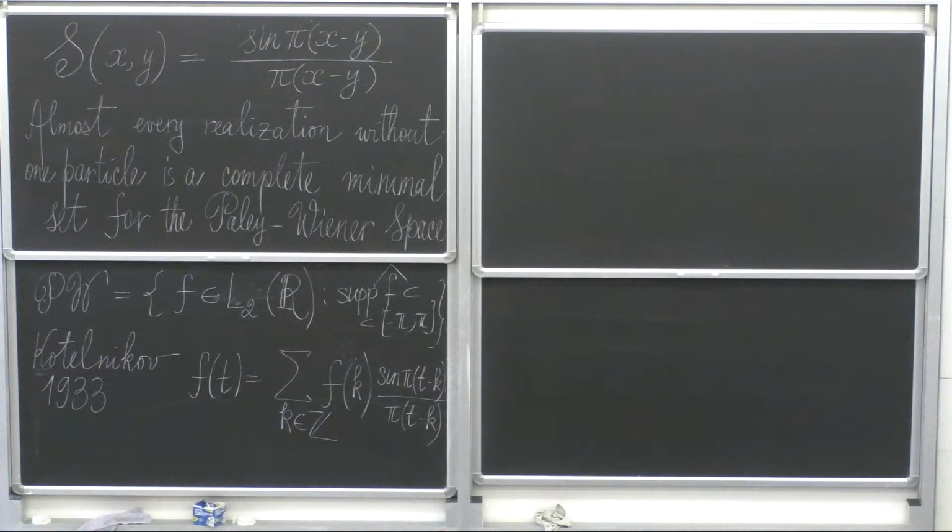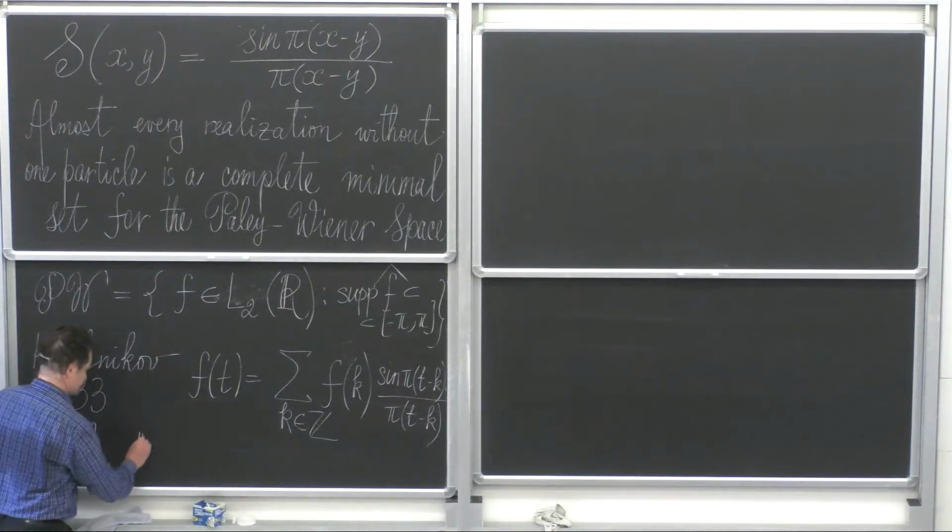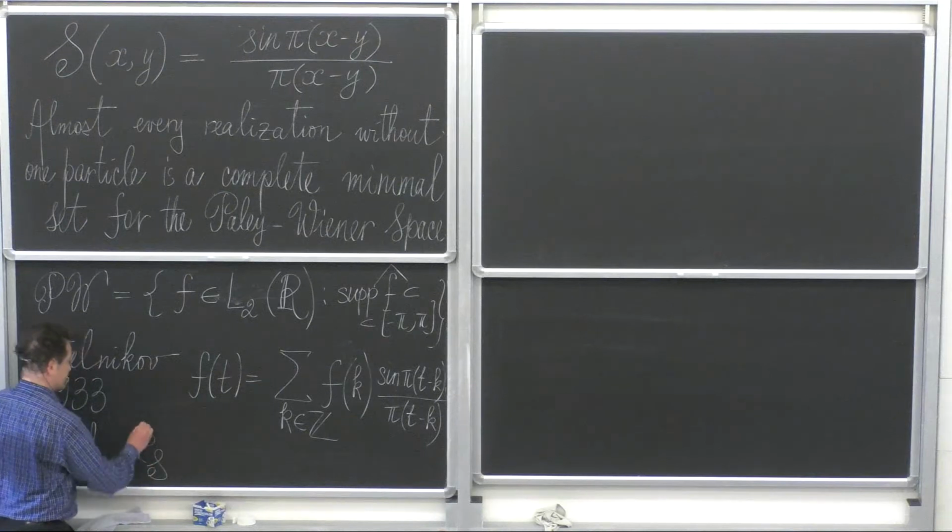Yes. So almost every realization of the sine process, and this is the theorem of Ghosh, almost every realization of a sine process is a complete set. So I wrote the sine kernel, and I will denote PS the sine process.